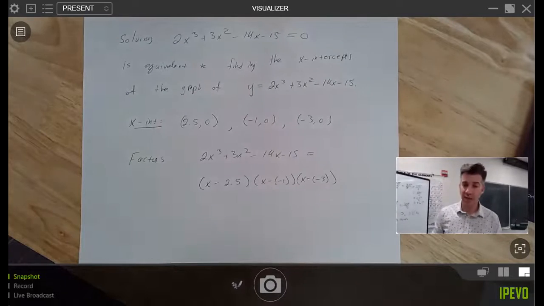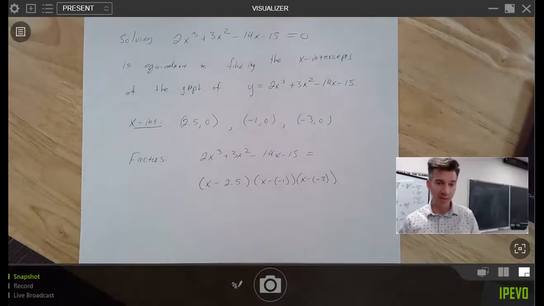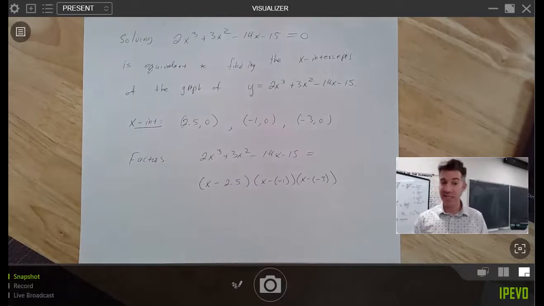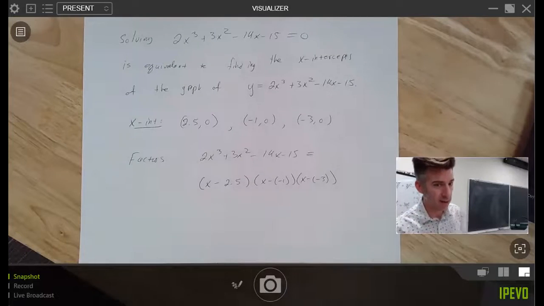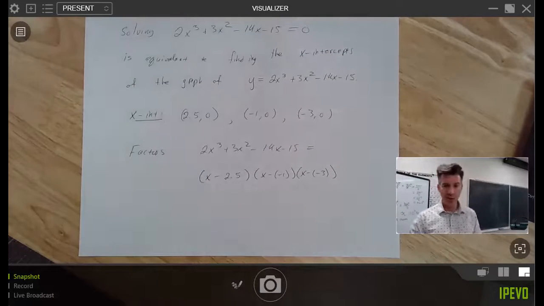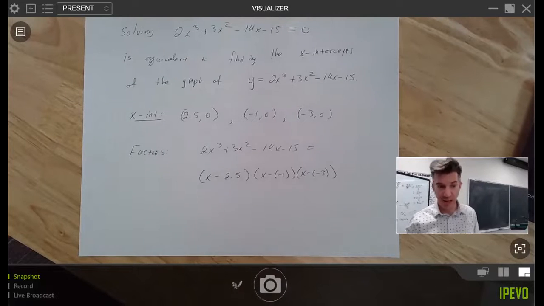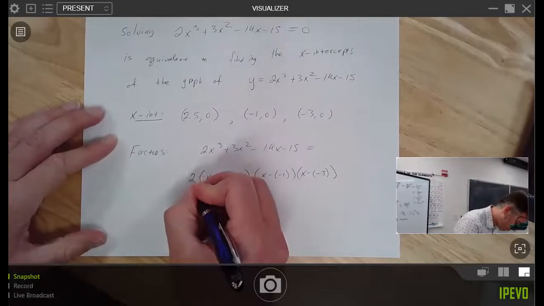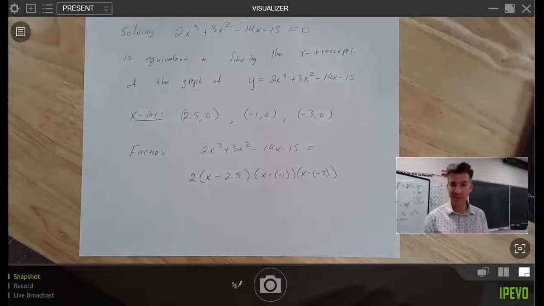Now, some of you with keen eyes might observe that this is not quite correct. If you multiply this out, would you get 2x cubed? You wouldn't. You would get 1x cubed. And so we need a 2 as a coefficient to fix that.